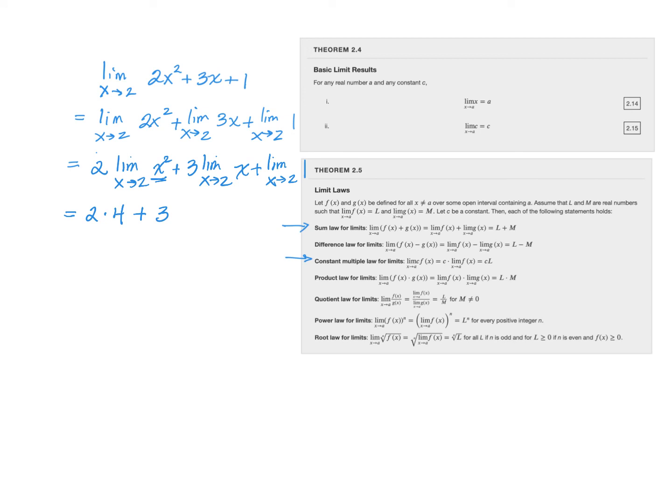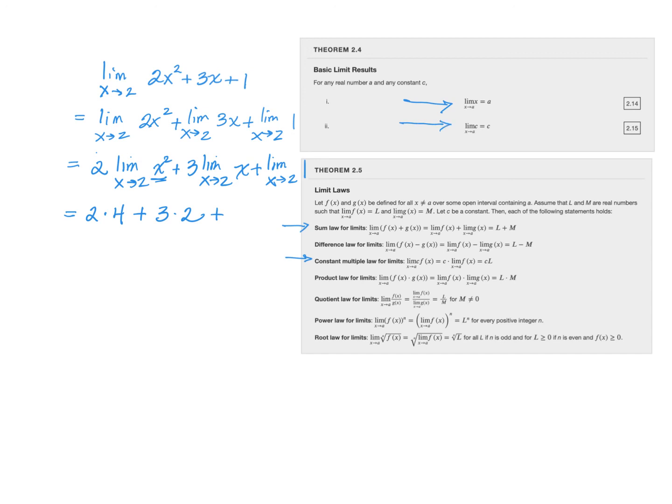To do that one, we can look at limit law number 1, which says if you have the limit as x approaches some constant of your function x, then your answer is just going to be that constant. So the limit as x approaches 2 of x is just going to be 2. For the third part, we have the limit as x approaches 2 of 1, and for that one, we can use the second law.